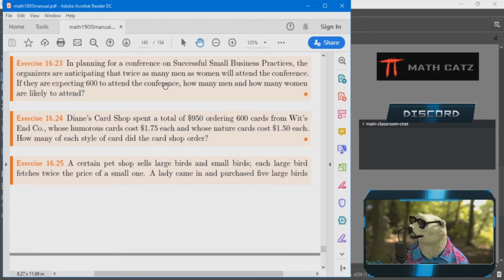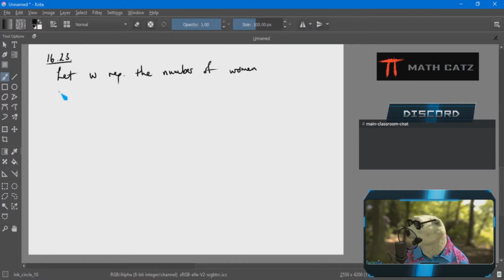Now you can go one of 2 ways here. You can say, well, there are twice as many men as women, and that's the first thing we get, so why not just go with that? Twice as many men as women. So then the number of men is going to be 2 times W.